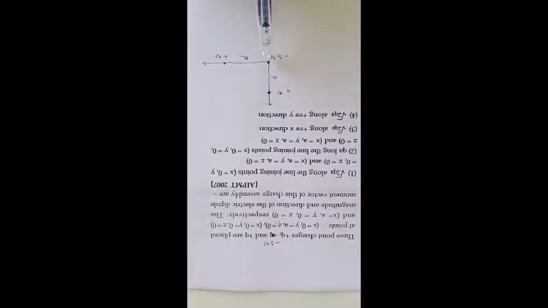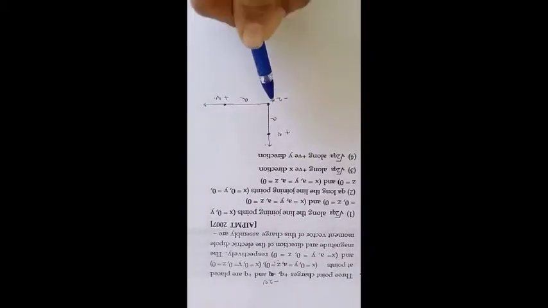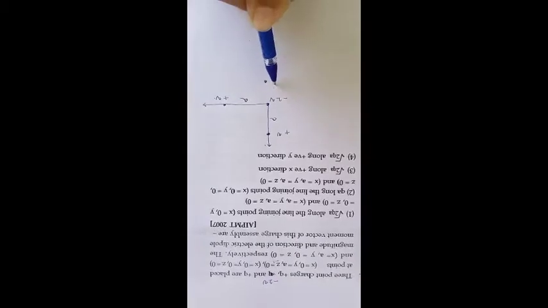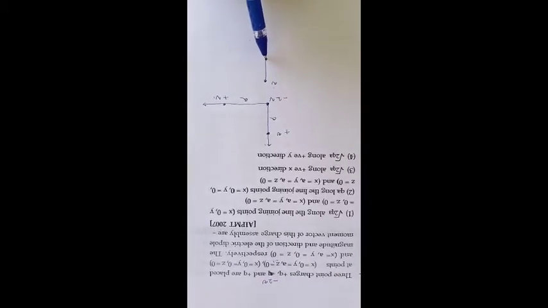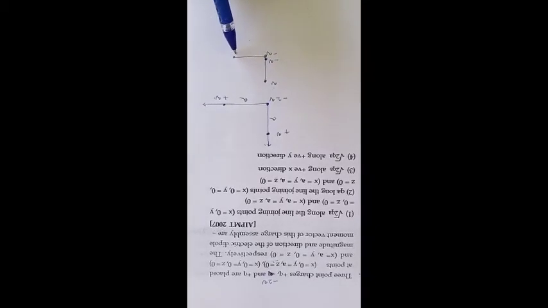What is the net dipole moment? Actually, it will behave like a quadrupole. One minus q attaches with this, and one minus q attaches with this. It becomes a quadrupole. So how will it be? Here q, here minus q, and plus q.